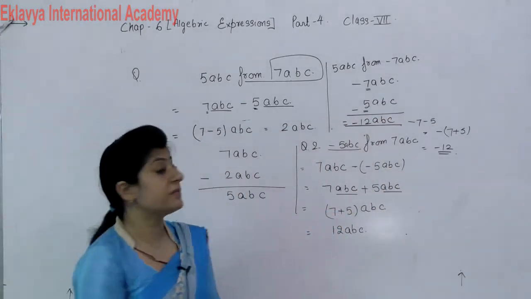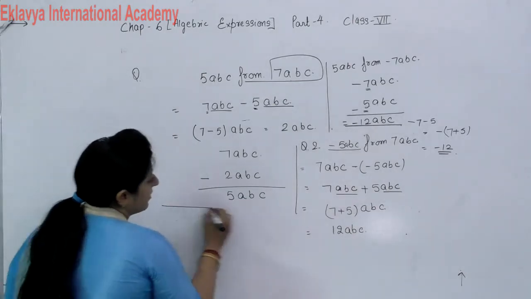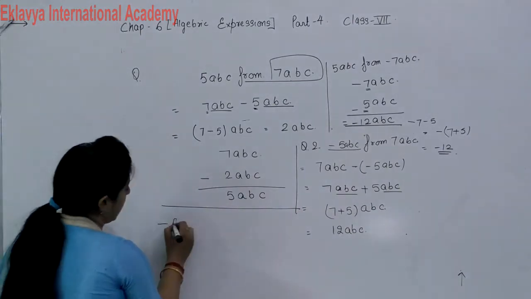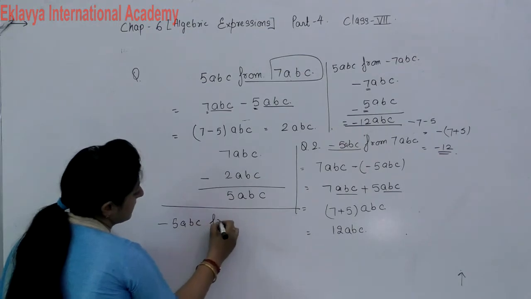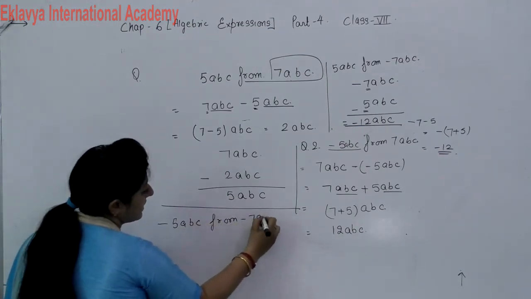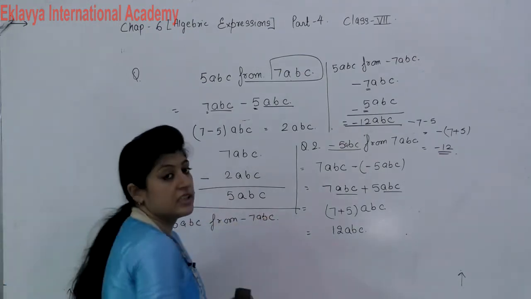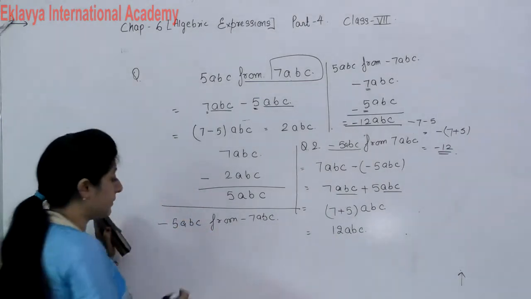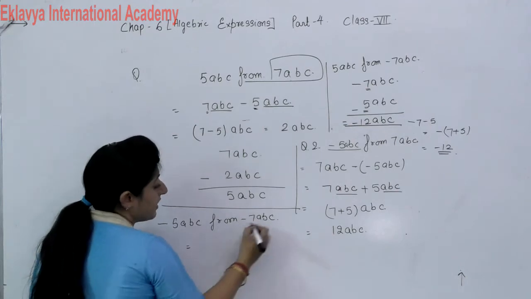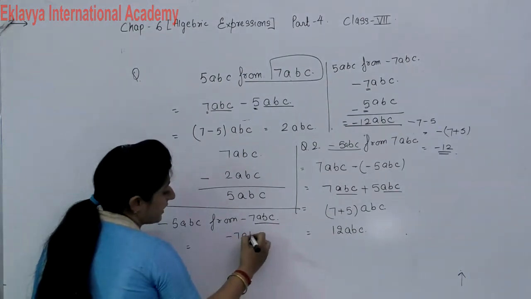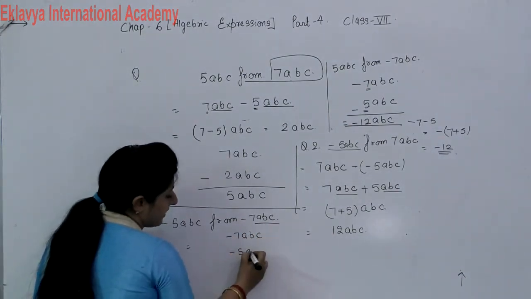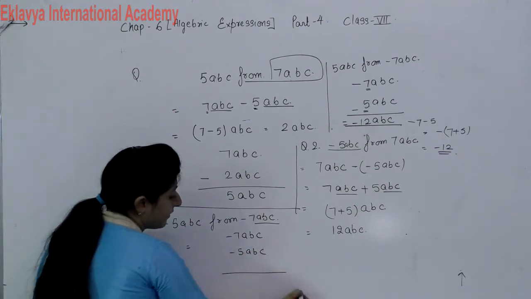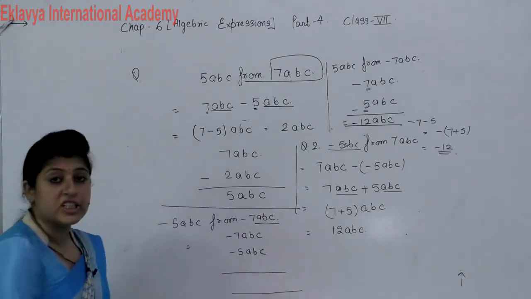Another thing, see, I write down: subtract minus 5abc from minus 7abc. Then what will we do? Firstly write down minus 7abc minus 5abc. But we want to do subtraction.